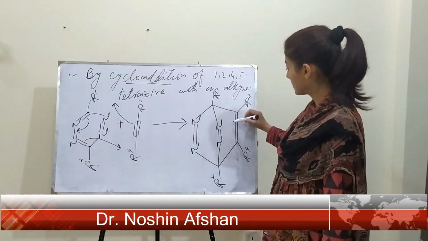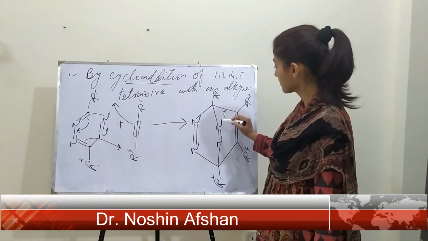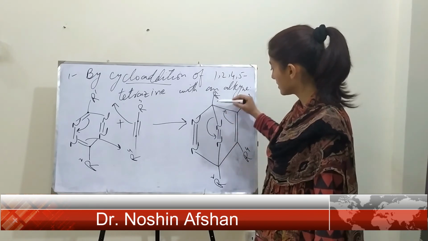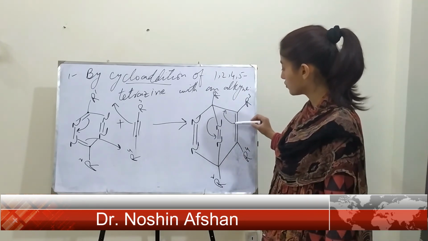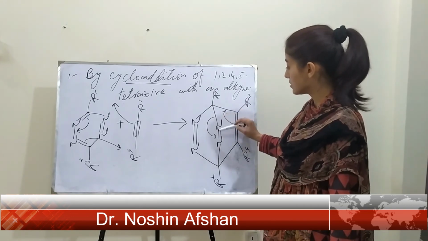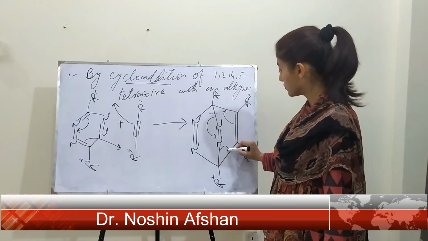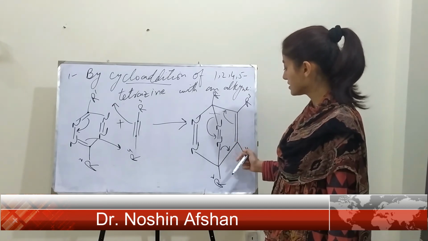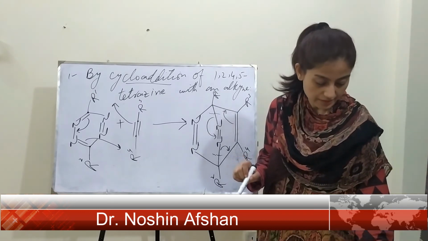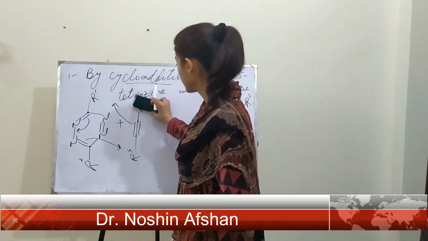Now what would happen, this double bond would be shifted along this, and this pi bond would be broken, and then our final product would look like this.